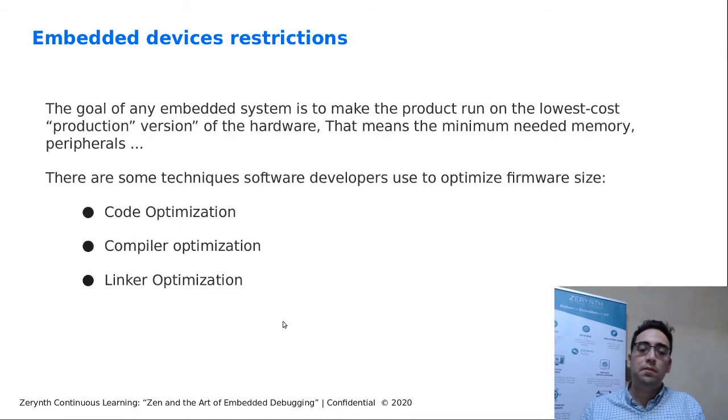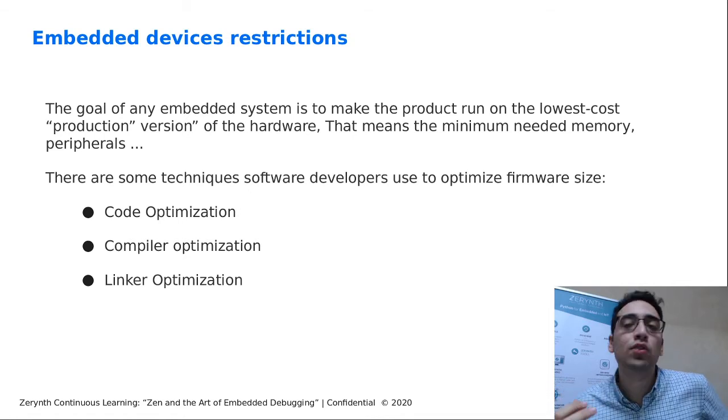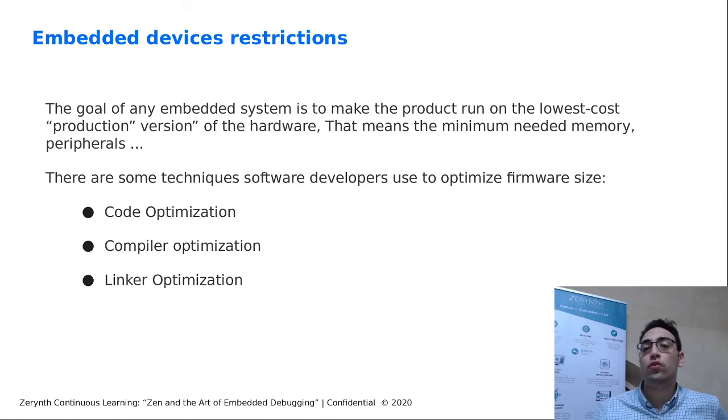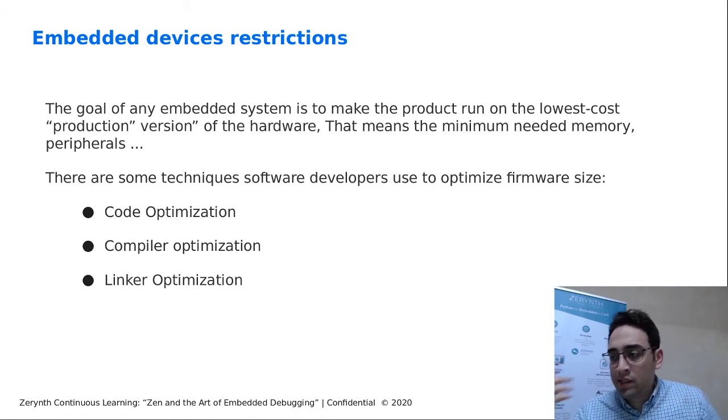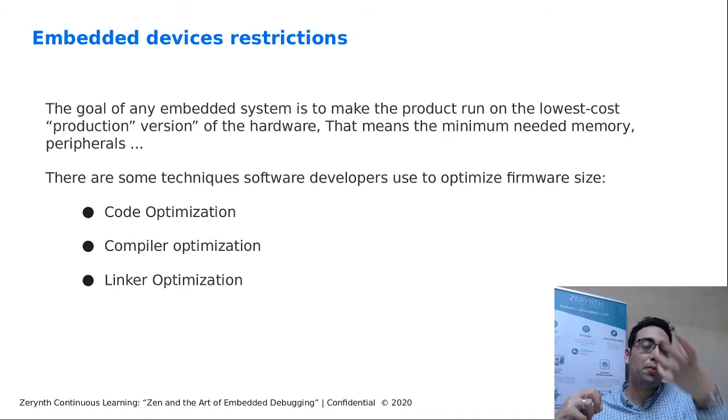So essentially, the goal of any embedded system is to make the product run on the lowest cost production version. What that means is that I don't care if the product runs as a proof of concept. That doesn't mean anything, because the transition from a proof of concept to a production product is huge and very big.